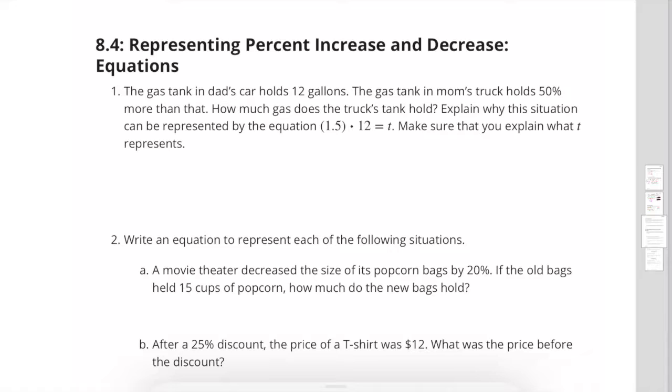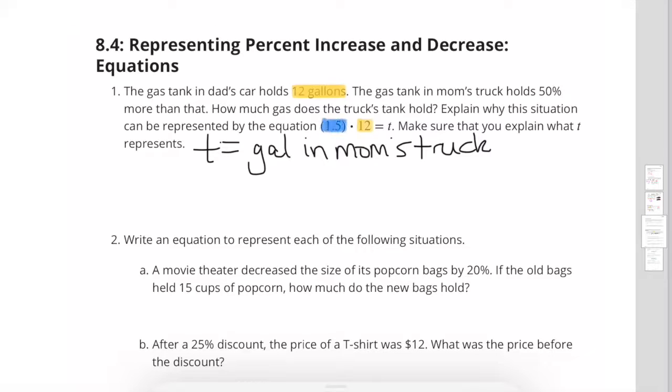So first, what would T represent? Okay, so T would represent the gallons in Mom's truck. First, I know that the 12 represents my 12 gallons. What does the 1.5 represent? That would represent my 50% more.